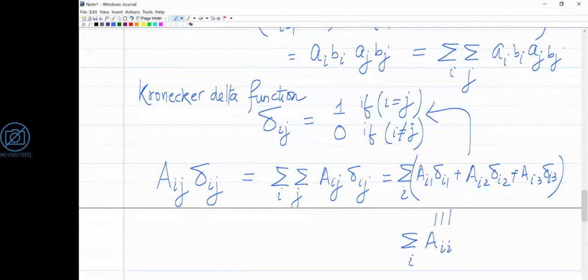Can you see why? Because from these three terms, I had to take only one of the terms. Rest two will certainly be 0. And which one do I have to take? It has to be the one where this 1, 2, 3 is i, because only that one will give you delta_ii being equal to 1. Can you see this? Anybody having difficulty here?